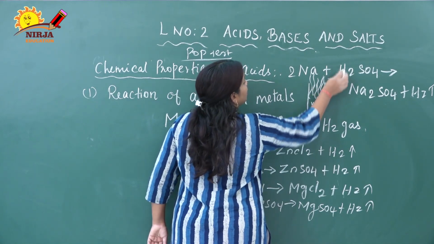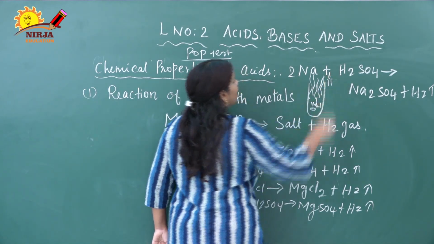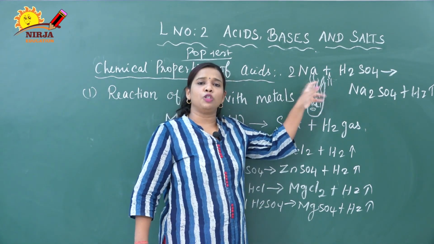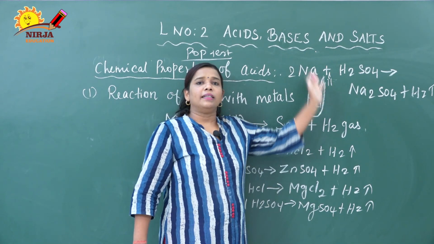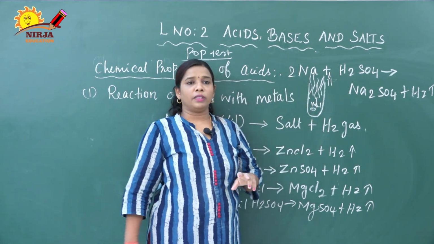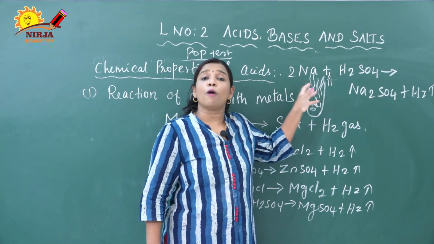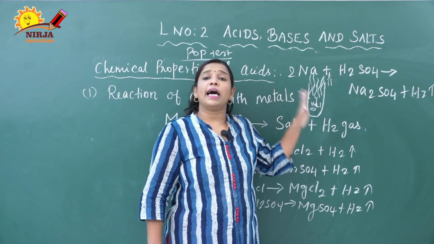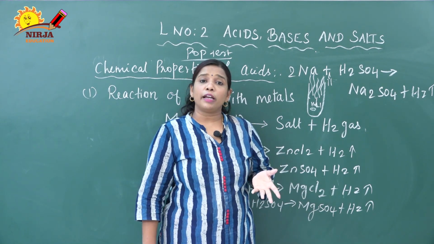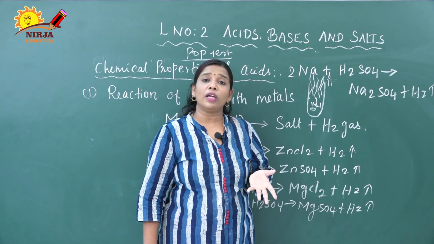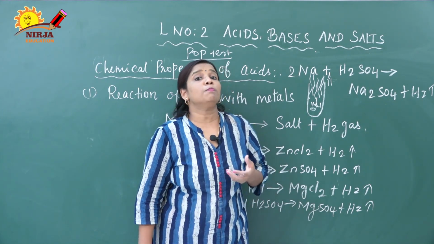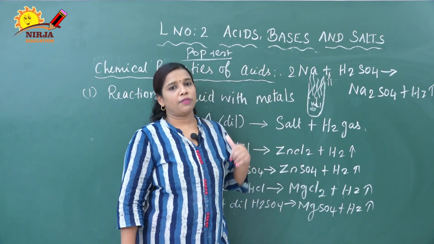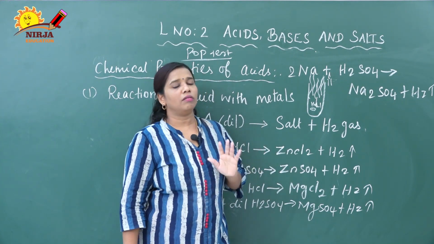So that time we have to bring the burning candle near the mouth of the test tube, where the gas will be evolved. If the gas burns with a pop sound, it is confirmed that the evolved gas is hydrogen. Because I already told you, hydrogen gas has the peculiar character that while burning it produces a pop sound. This way we can confirm whether the gas is hydrogen or not.